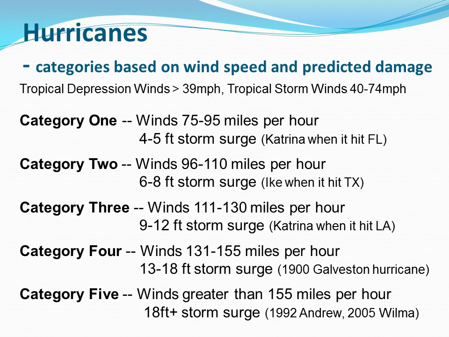You can find those. So just look up the 1900 Galveston hurricane. Category 5, winds greater than 155 miles per hour with a greater than 18-foot storm surge. That's what Hurricane Andrew was in 1992, if you were around for that, or Wilma in 2005.